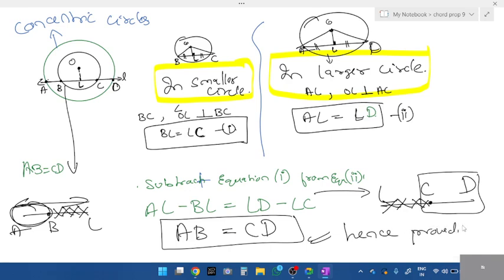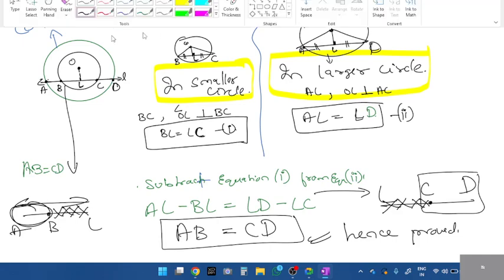Don't make it complicated. Just draw two circles. Write in smaller circle, write the equation. In larger circle, write the equation. Subtract both the equations.